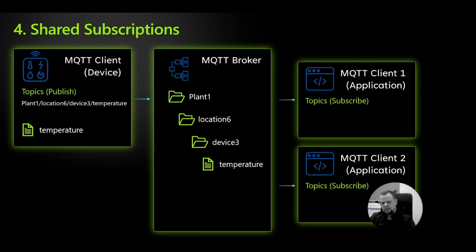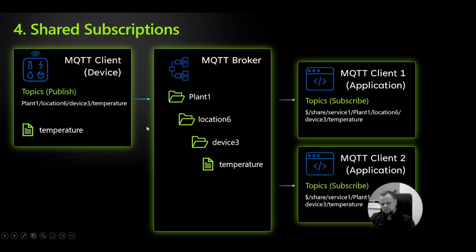The fourth one, called shared subscriptions, is in a nutshell the load balancing mechanism for MQTT, and the load balancer in this case is the MQTT broker. So again, one publisher, two clients, broker in between, and we're sending the messages. But this time the difference is that instead of just subscribing to the same hierarchical structure, you append two things on top of the hierarchy.